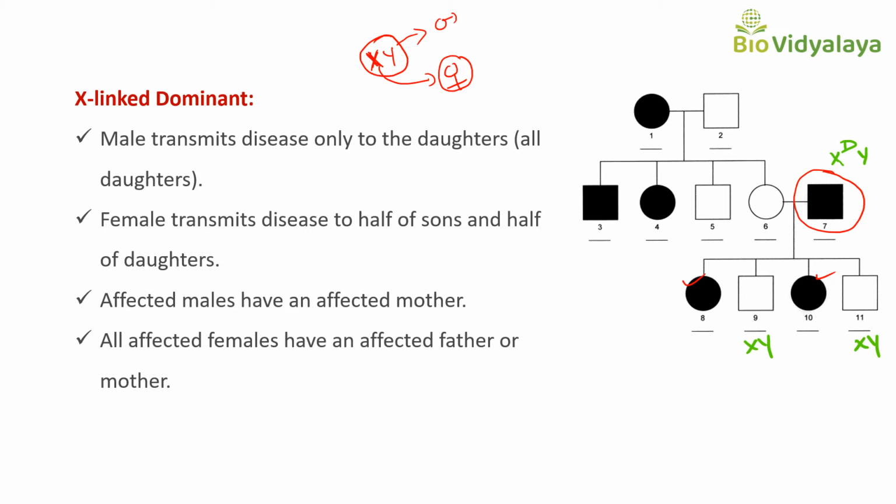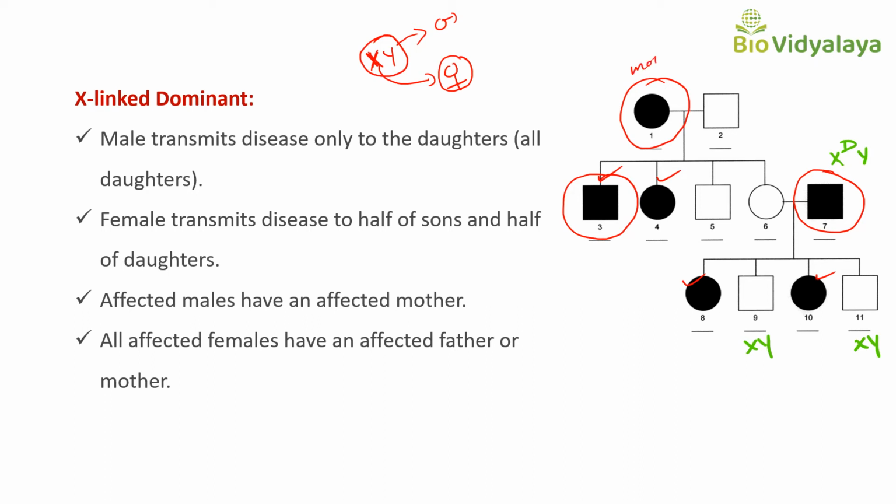So, female transmit disease to half of sons and half of daughters. Here you can see that here mother is affected. Next, affected males have an affected mother. Here this male is affected. So here you can see that this affected male has an affected mother.